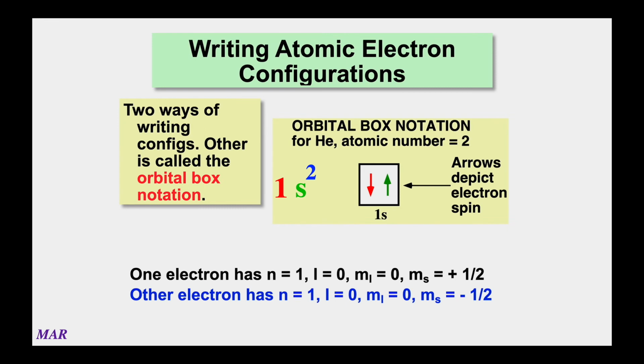This orbital box there with a 1s and a square and an up and a down arrow, and don't worry about the color coordination. But anyway, that's another way to write 1s2. And notice the up and the down. Those correspond to the positive 1/2 and negative 1/2 values for m sub s. Spin is basically how electrons spin around, either clockwise or counterclockwise. Pretty cool. So 1s2 would be the spectroscopic notation way of saying what the electron configuration is for helium.